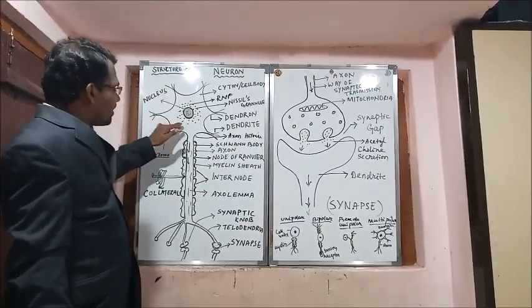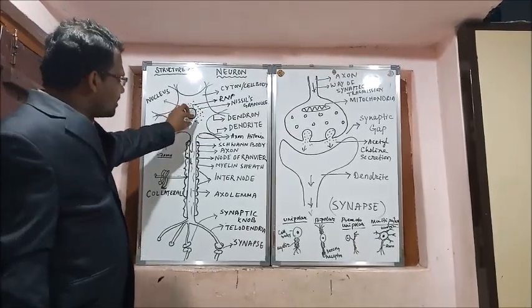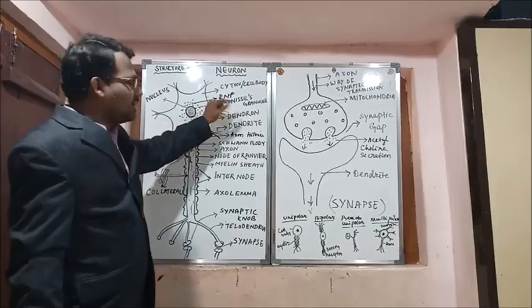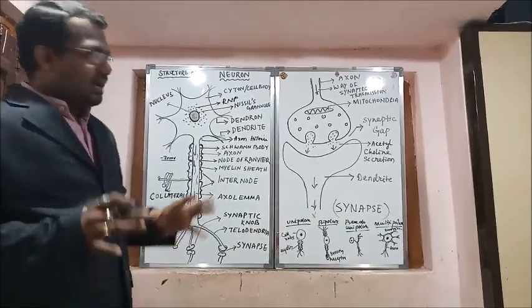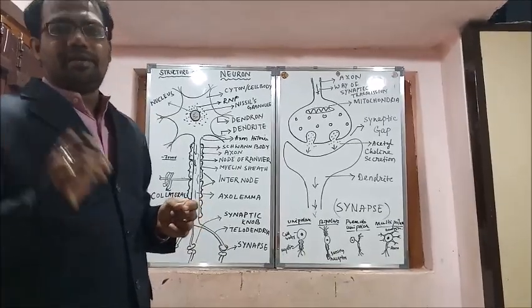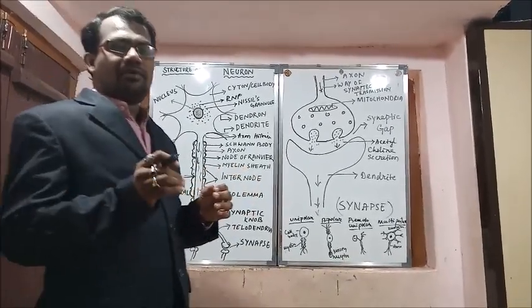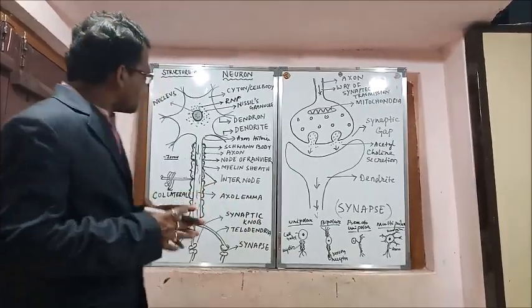Around that you can find small dotted structures. These dot-like structures are known as Nissl's granules. And most important, the Nissl's granules contain RNP, ribonucleoprotein, which is meant for protein synthesis.